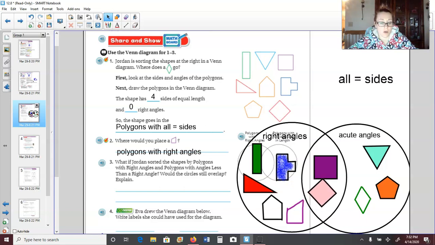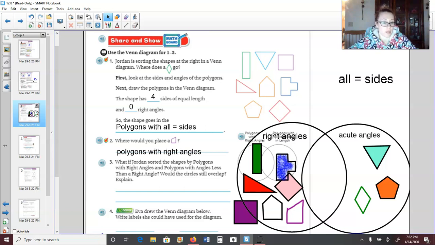Okay, so if we changed the right-hand side of our Venn diagram to be acute angles, the 2 squares in the middle would need to move out because they do not have acute angles.